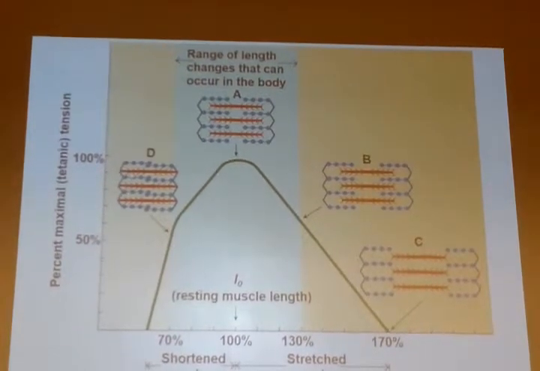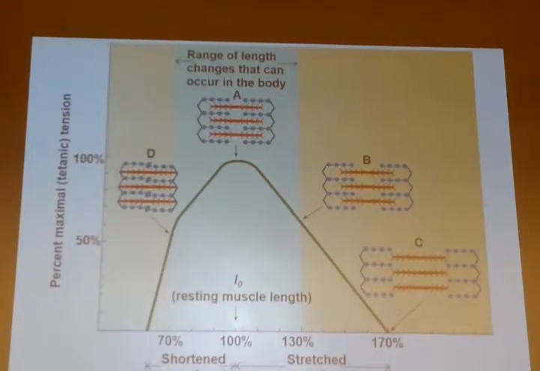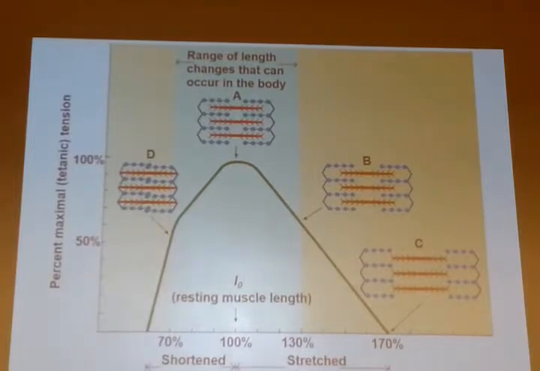If you shorten the sarcomere first before you stimulate it, and your myosin is getting close to the Z-disc, it may form some cross bridges, but as the myosin approaches the Z-disc, the tension will fall off. And at this point, when the myosin is right next to the Z-disc, muscle tension drops off really quickly.